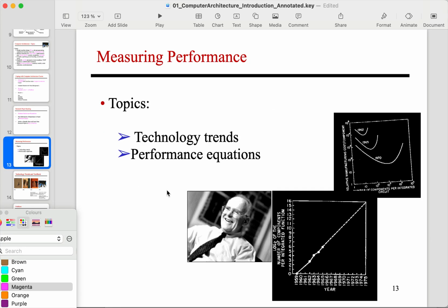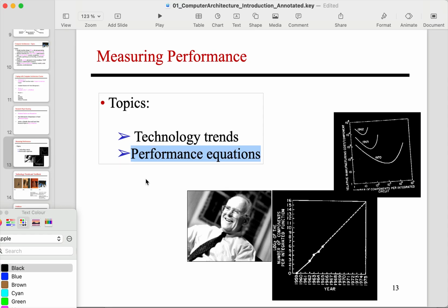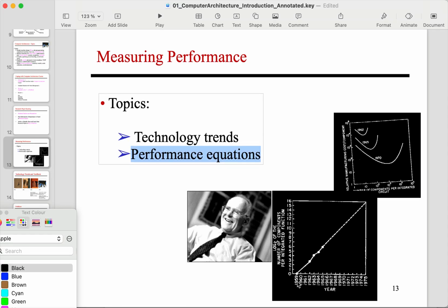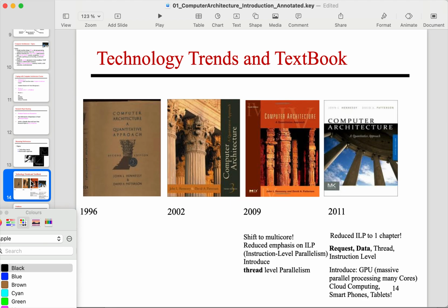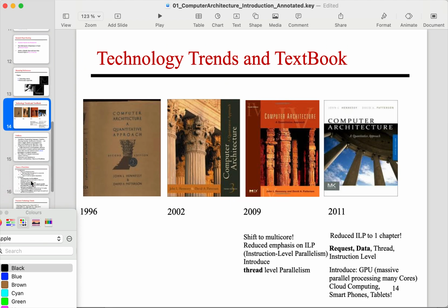To measure performance of computer architectures, we will look at technology trends and do some performance evaluations: how the technologies changed through the years and how the new one is better than the previous one, including our textbook.